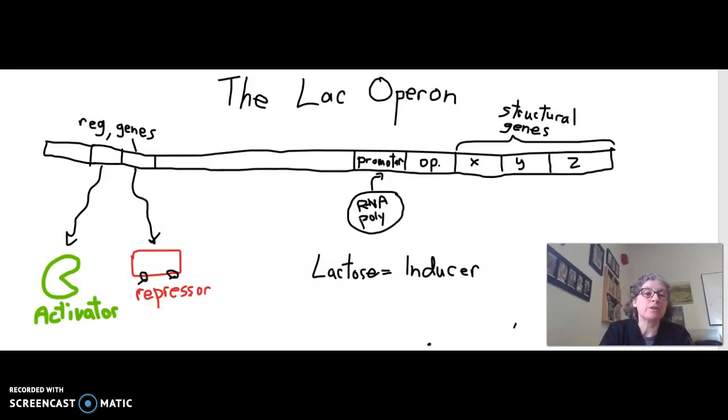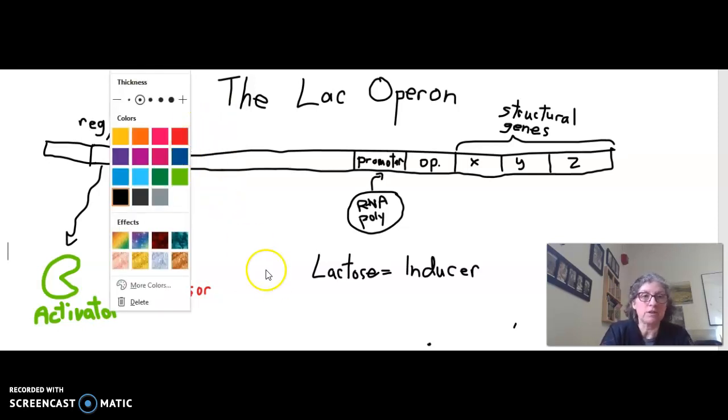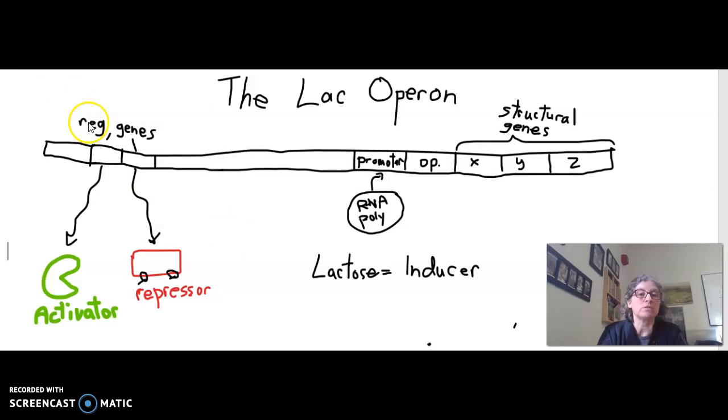So with the repressor protein, those little lactose molecules that I drew there will stop it from working and therefore turn the repressor off, thereby allowing the enzymes to be made. But the activator works differently. The activator depends on the presence of glucose.